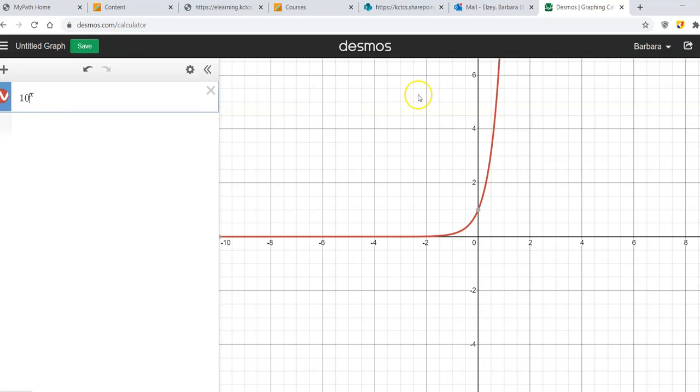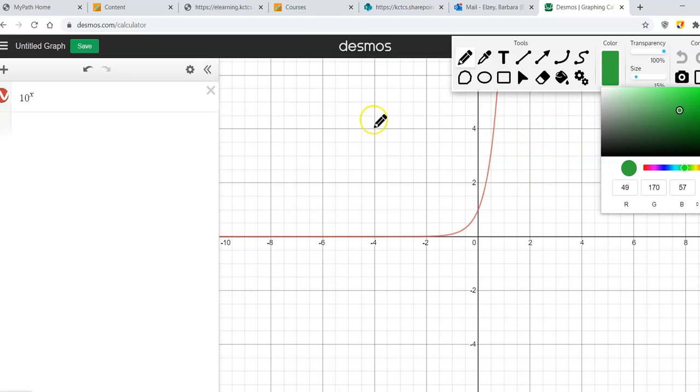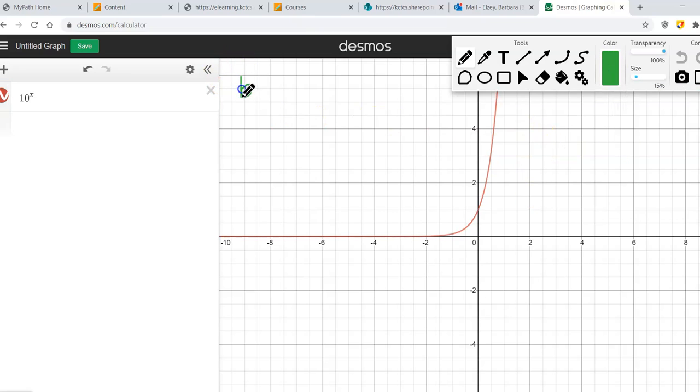So let's look at a few characteristics we need to be aware of. All right, so I'm going to use this little draw feature up here. And let's notice that for all of these, we had a base that was bigger than 1. All right, and when that's true, there are certain things that are always true.